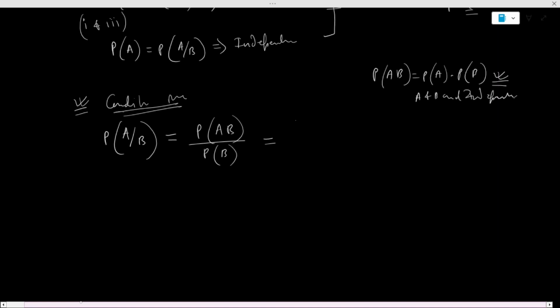So let us apply this. If we are able to express the probability of AB in terms of the product of their individual probabilities, then what do we get?